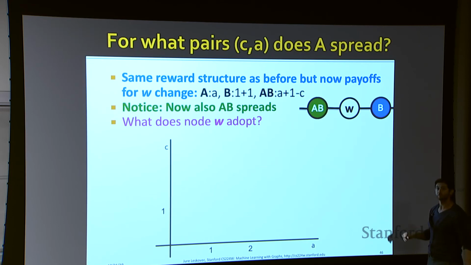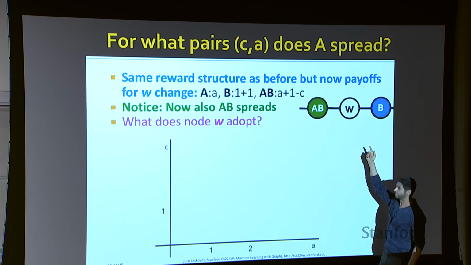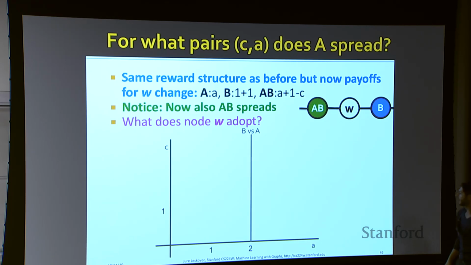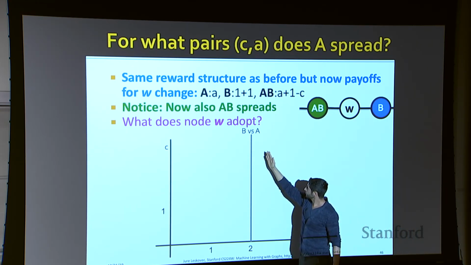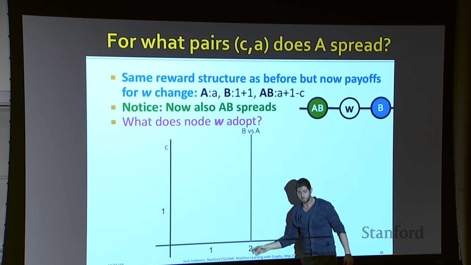And let me go very quickly to the next example where instead of having A on the left, we have AB, okay? So we're already in the case where the AB buffer is moving, and we want to find out what's going to be the choice of W. And here, it just changes slightly because to distinguish between B and A, our split line will be over 2.